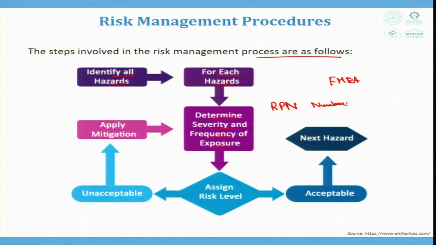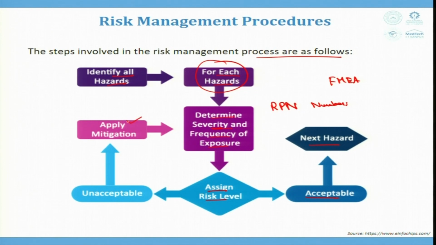Risk priority means the likelihood of the occurrence of the risk, likelihood of its detection and severity of the impact, as it is mentioned. Frequency and severity are all given by this RPN number. So, this number is generated for each of the risks and we assign the risk level accordingly. If it is acceptable, then we go to the next hazard, because it is done for each of the hazards, right.